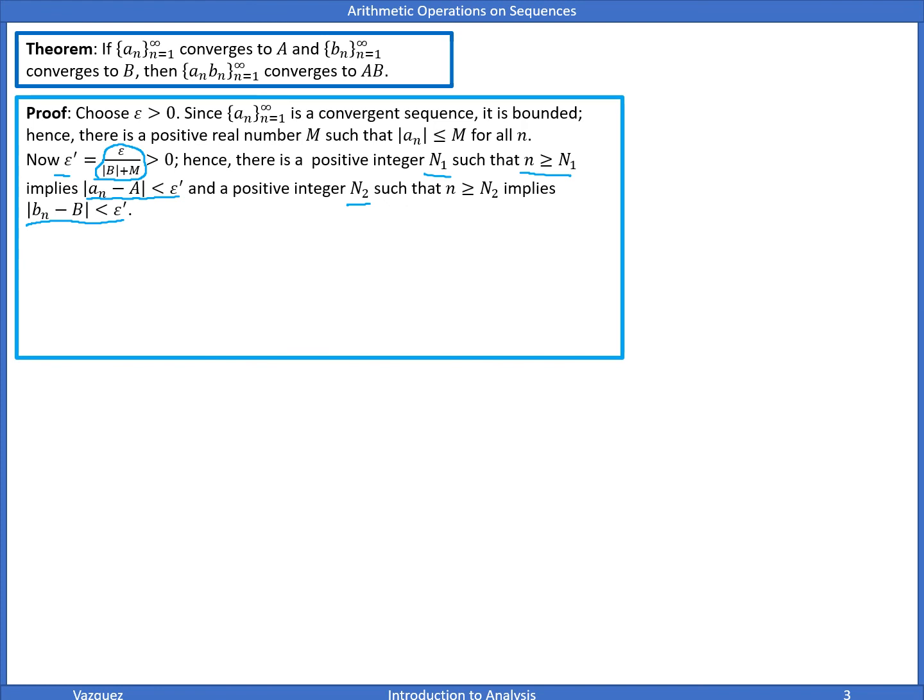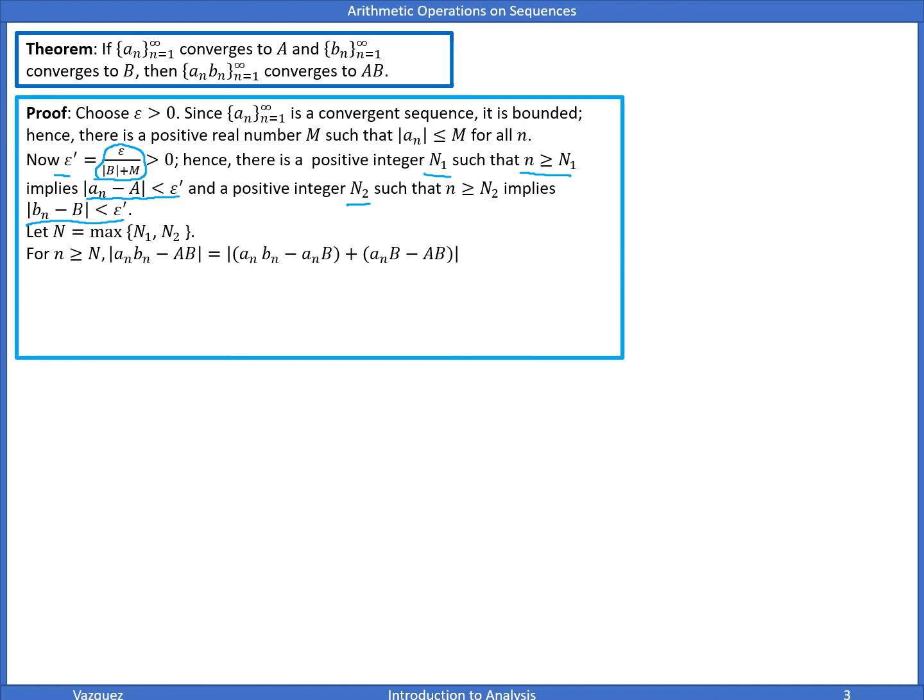Okay, now that we have that, we can do our work with our little inequalities. We're going to let n equal the maximum of those two. The reasoning is the same from the last proof for why that choice of n is happening. But now we work with our inequalities.